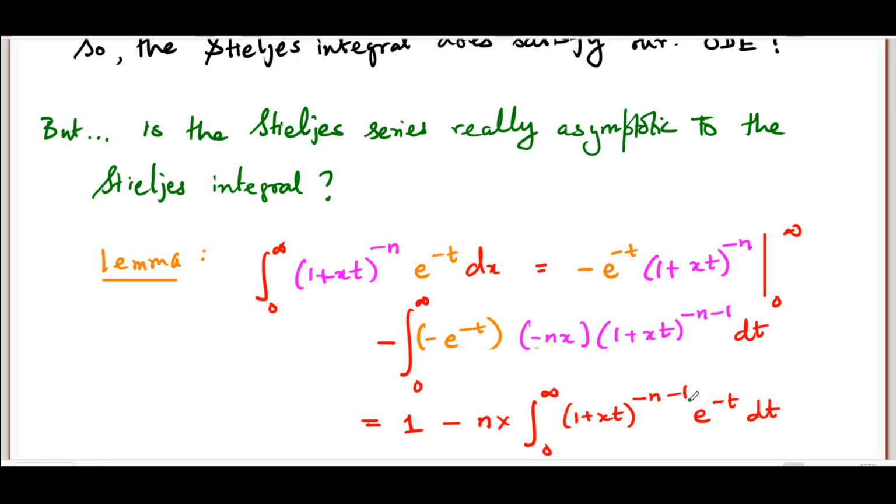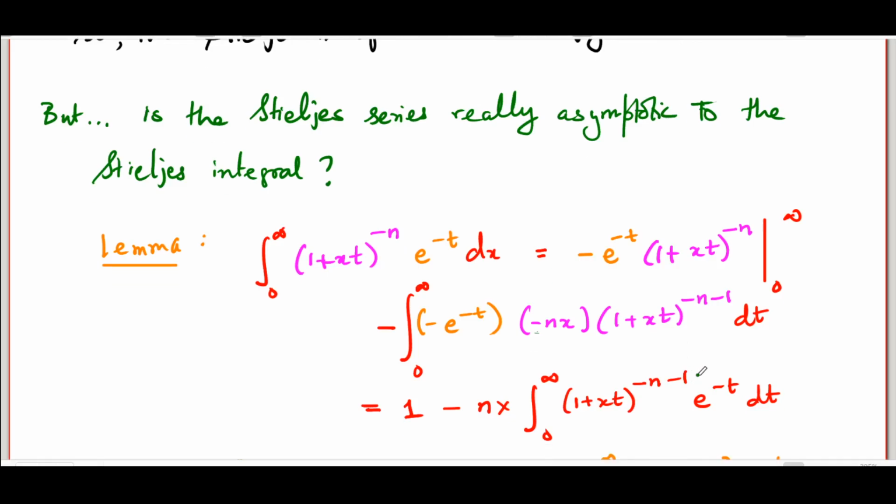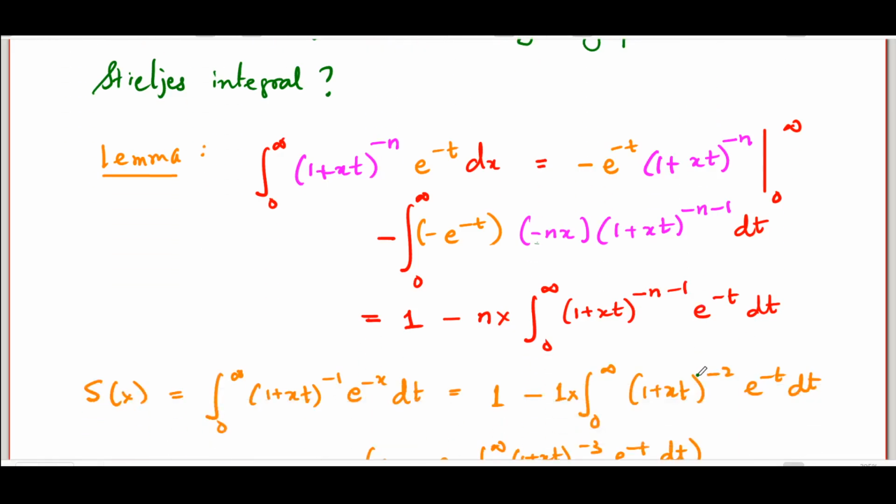So integration by parts allows you to connect an integral for minus n here to an integral with minus n minus 1. And we can just use that starting with n equal to 1, which is of course our Stieltjes integral. 0 to infinity, 1 plus xt to the minus 1 into e to the minus t dt, according to this, is just 1 minus x times an integral with 1 plus xt to the minus 2, e to the minus t.